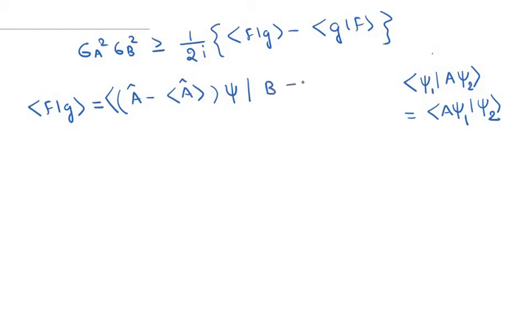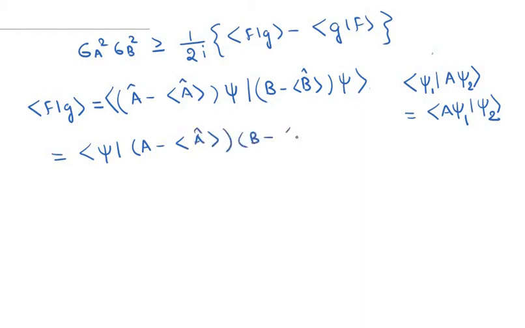So b minus the average value of b acting on this wave function psi, and this must be equal to psi with a minus the average value of a, b minus the average value of b, acting on this wave function psi. Okay, so the inner product of psi multiplied by these two operators acting on psi.